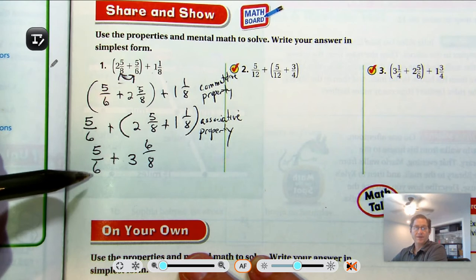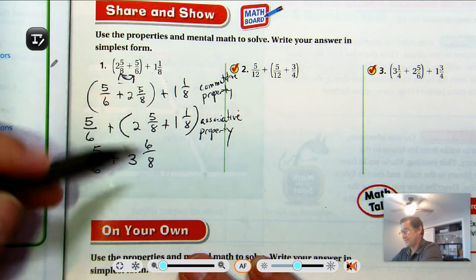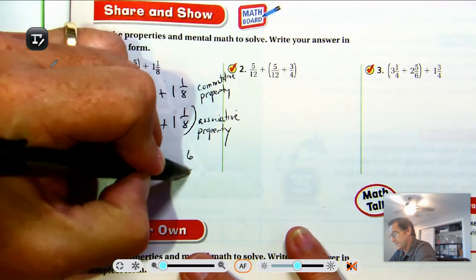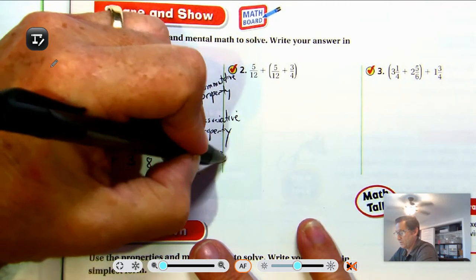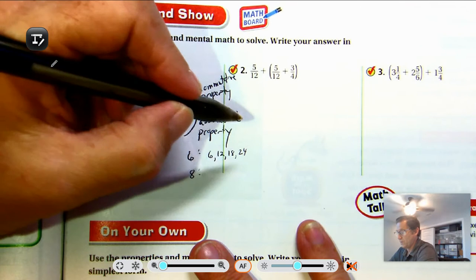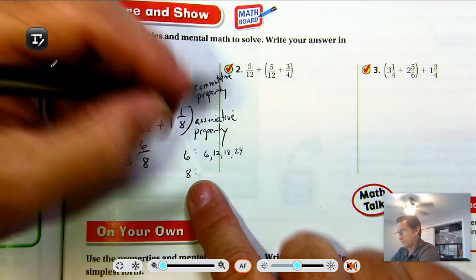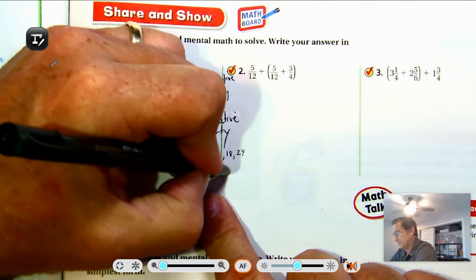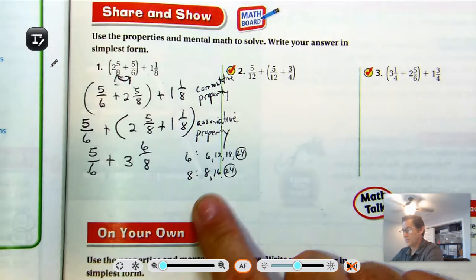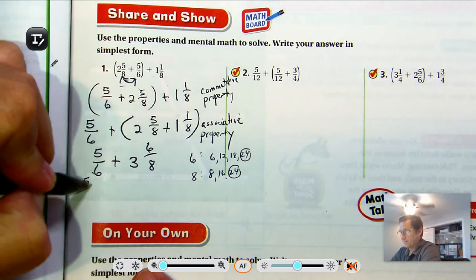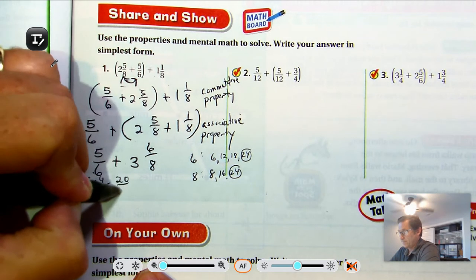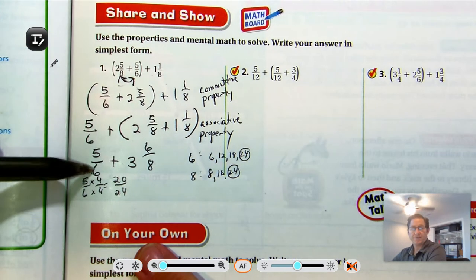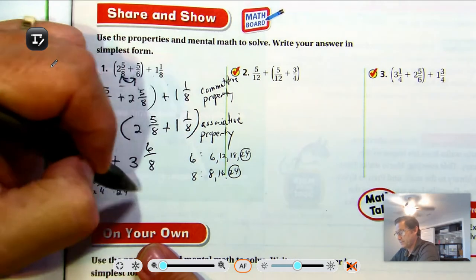Well, we don't have a common denominator for the sixths and the eighths. So what can the sixths and the eighths become? 6, 12, 18, 24. I recognize that 8 can become 24. 8, 16, 24. So 5/6 times 4 over 4, an equivalent fraction for 5/6, is 20/24.